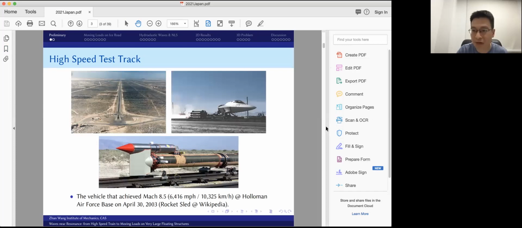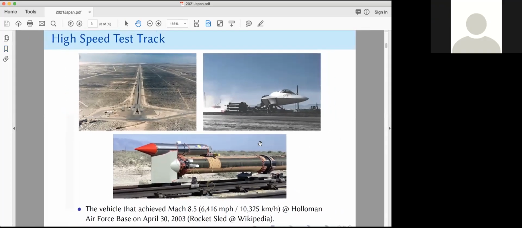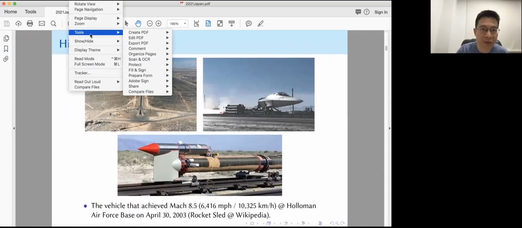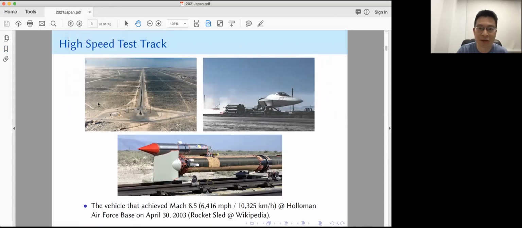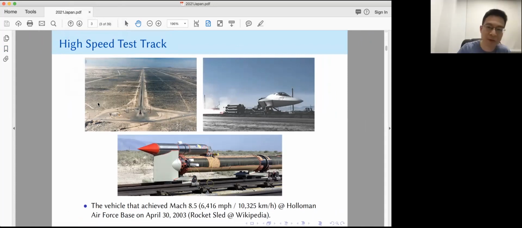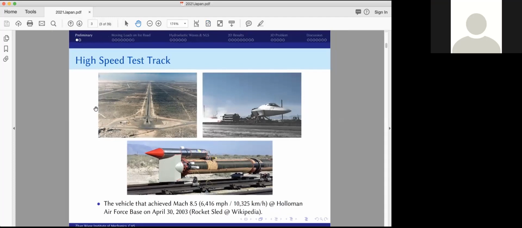Okay, so maybe can you change it to full screen? I changed to full screen, but you mean the slide doesn't change? Really? Does it work? No, it doesn't work. Yeah, I think it's okay. So maybe I go back to the... Yeah. So sorry to interrupt you. No, sorry. Thanks.